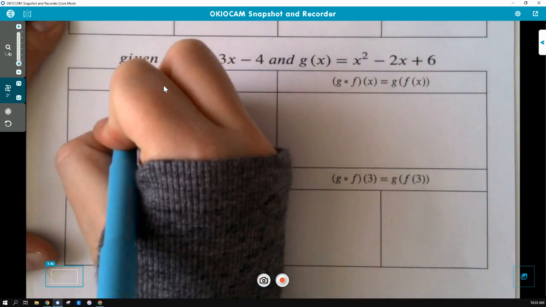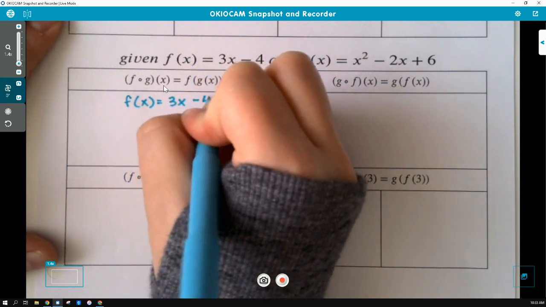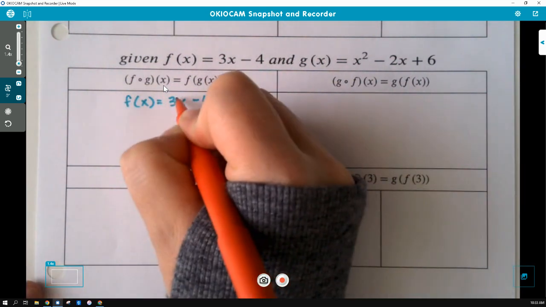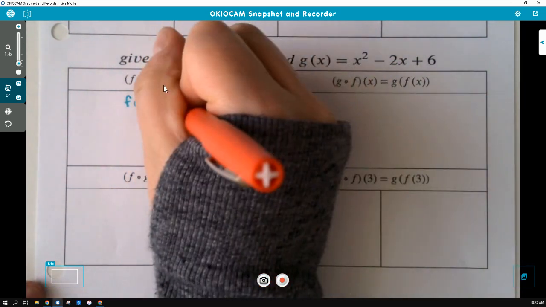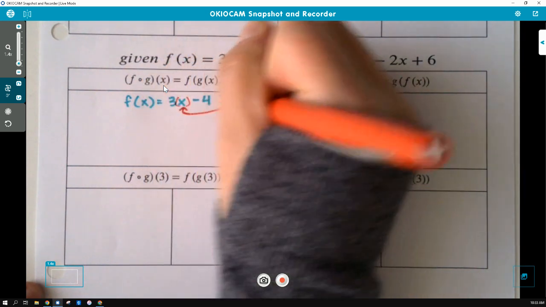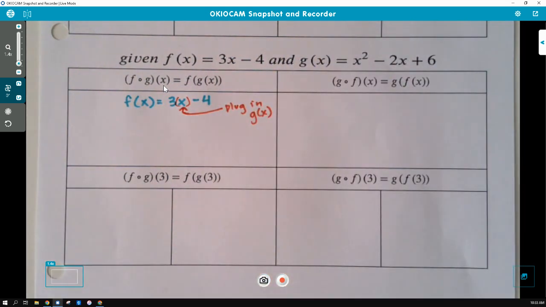So f of x is 3x minus 4. I'm also going to write small because if I'm going to show more work, I have to write small. I am going to be plugging in g of x right here. Plug in g of x. I'll zoom in since I'm writing so small.